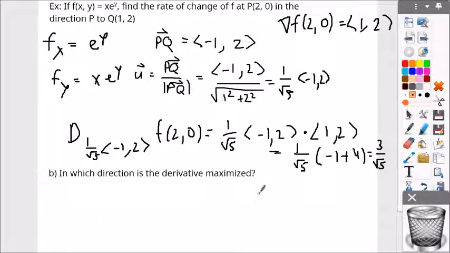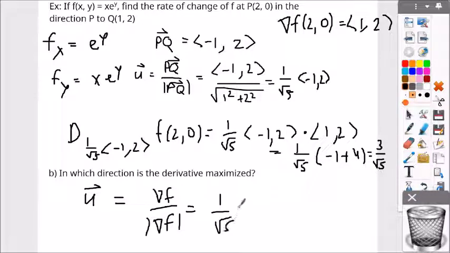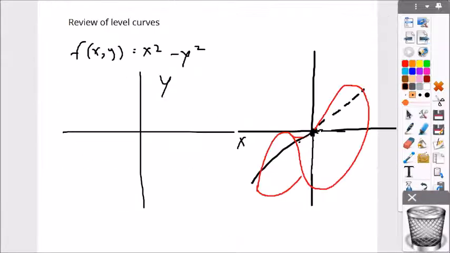We just need to take the unit vector of the gradient vector. So the unit vector is equal to the gradient vector divided by the magnitude of the gradient vector, which is 1 over square root of 5 times (1, 2). So in that direction, the derivative is maximized. Very simple. Just use a unit vector and you will get your answer.